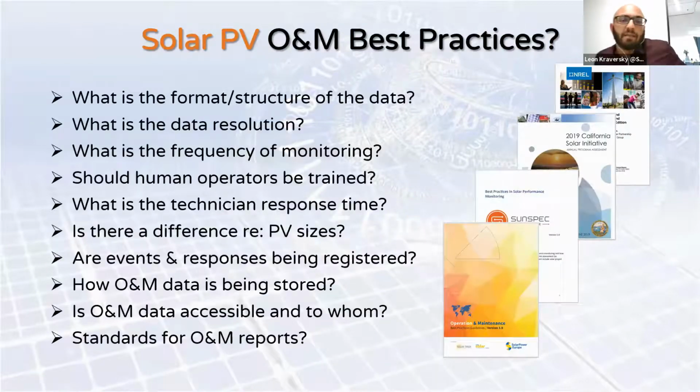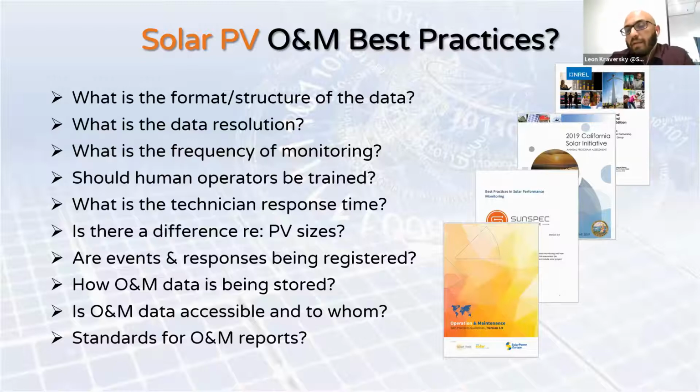Now, what has been done about best practices? Quite a lot of questions can be put on the table, and some of them have already been assessed by various organizations. Here you can see reports by some of them. But essentially, there are two things to take care of to bring O&M to everyone. One is to unify the standards, to bring O&M standards to everyone so they know what they're buying.